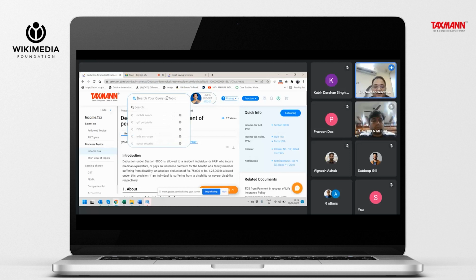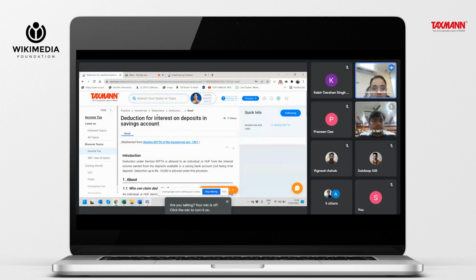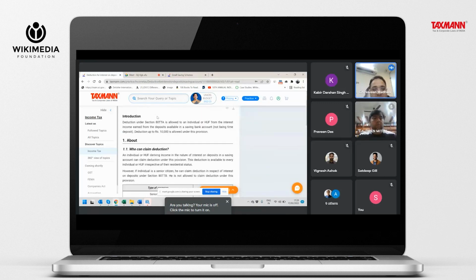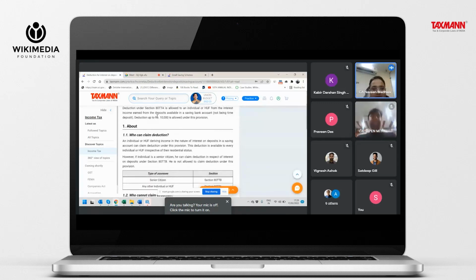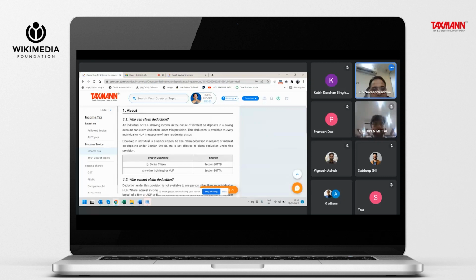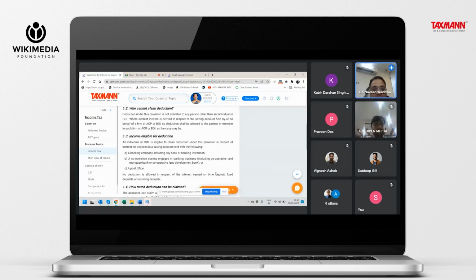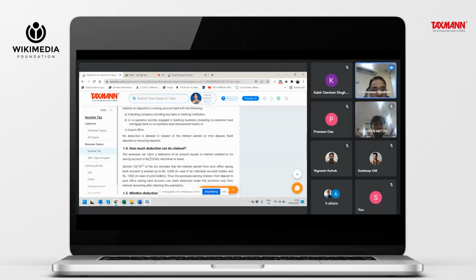So another one is 80TTA and 80TTB. Again, you need to consider this while filing a return of income. 80TTA is allowed, a very simple bifurcation. You can see that for senior citizens it is 80TTB, and for any other individual 80TTA. So under 80TTA, you can claim a deduction of 10,000 rupees towards interest on your savings bank account.